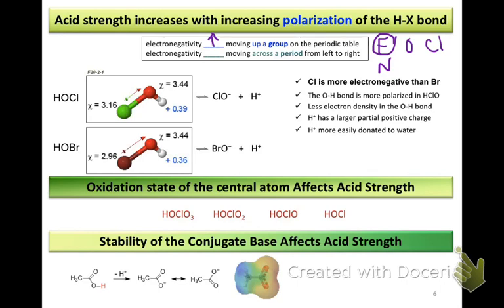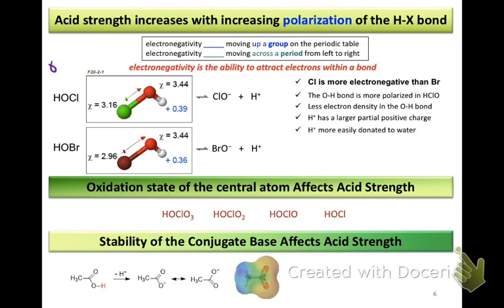How about moving across a period from left to right? Again, electronegativity increases. So don't forget how to tell what is more electronegative. The closer you are to fluorine, the more electronegative you are. In fact, electronegativity is the ability to attract electrons within a bond. It's not electron affinity. It's not gaining extra electrons. It's just attracting them to itself within that bond.